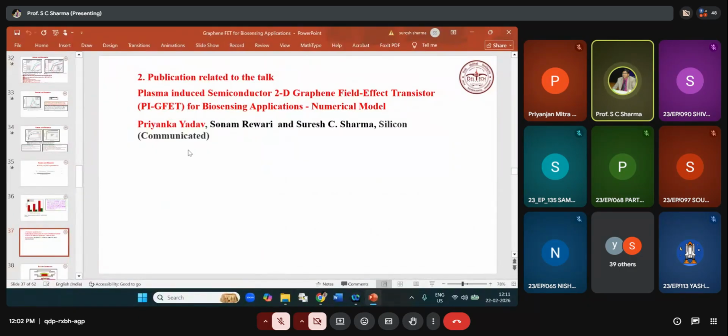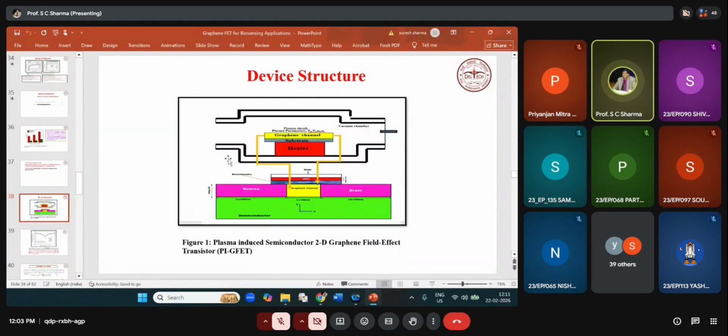Another problem my students have also done is the graphene field effect transistor for biosensing applications, a plasma induced 2D semiconductor graphene field effect transistor. In fact the device is the same, source, drain, and this one also.